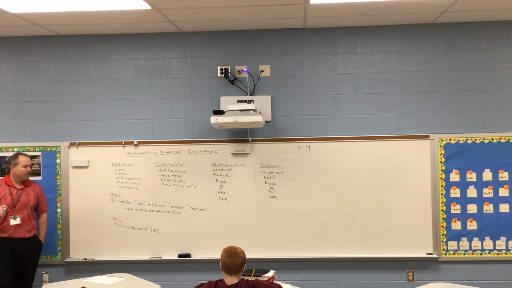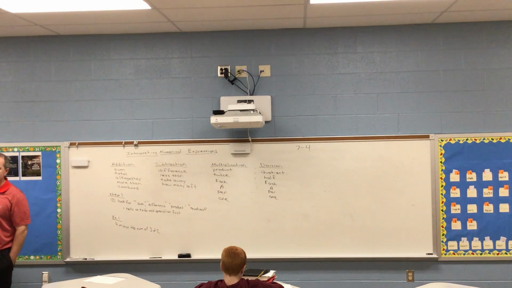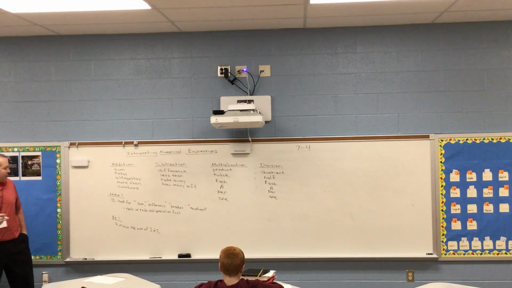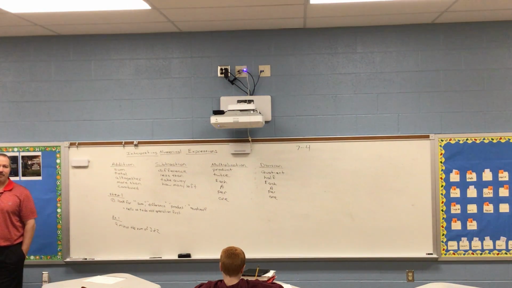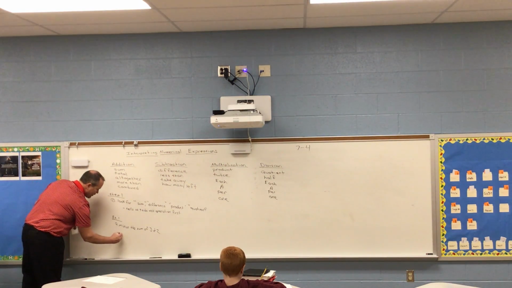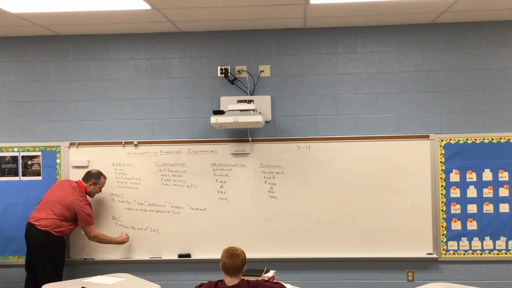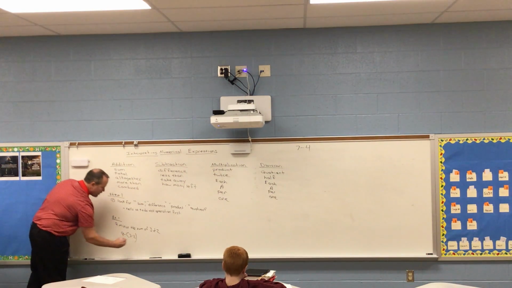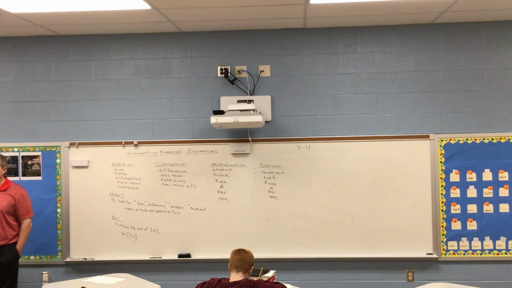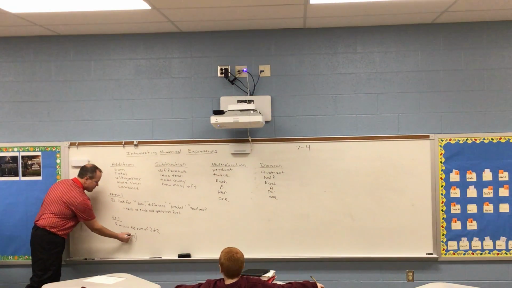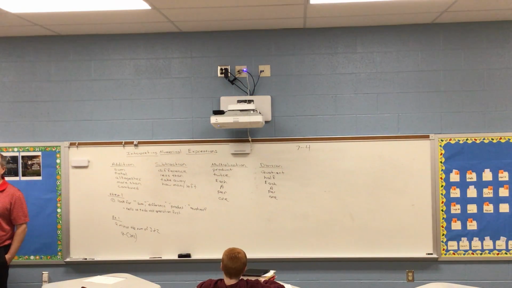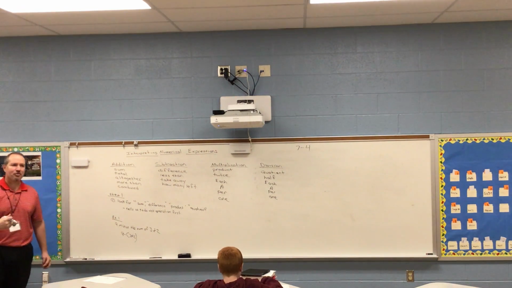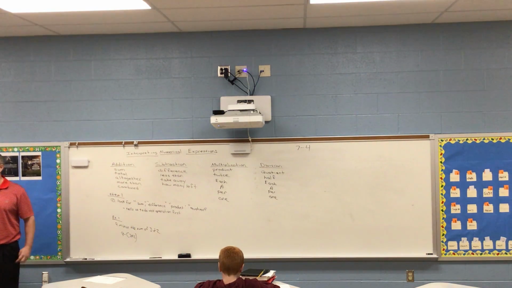If they give us this, 9 minus the sum, what that tells us is that we need to find the sum of 3 and 2 first. So when we write it, it's going to be 9 minus the quantity of 3 plus 2. Because it says 9 minus the sum, 9 minus the answer of that addition problem.